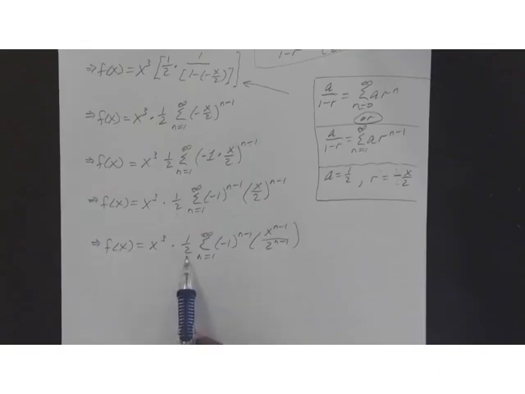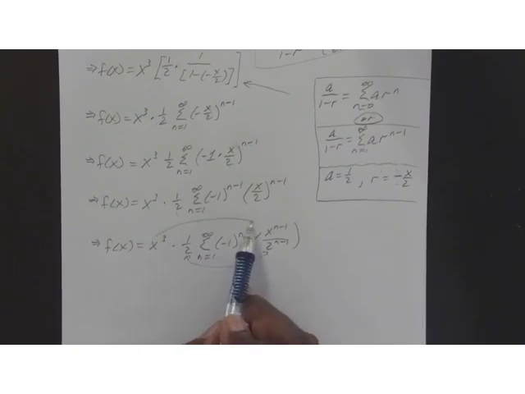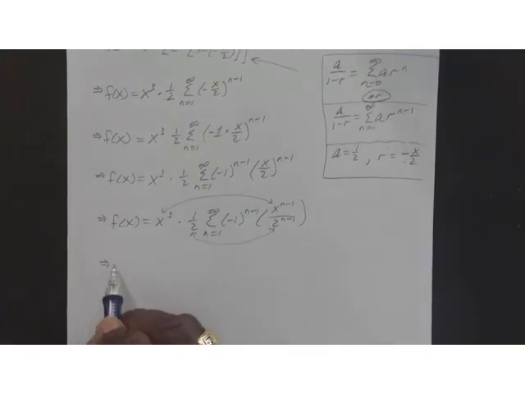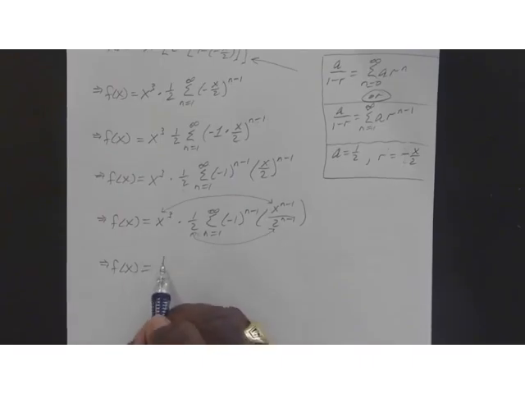Okay, so now if we get these 2's and we multiply them together, and we get x to the third power and multiply with that x to the power of n minus 1, then we can rewrite that function as f of x is equal to, I'll just leave that 1/2.